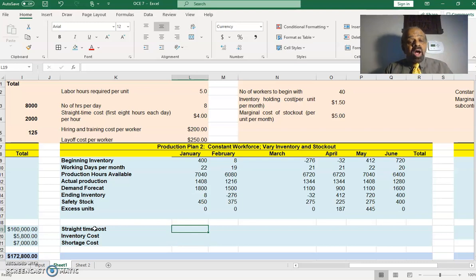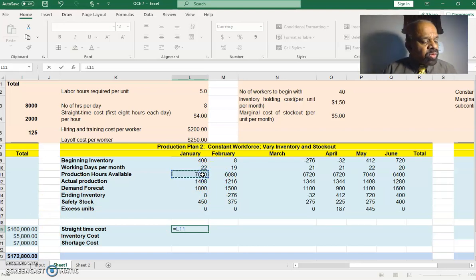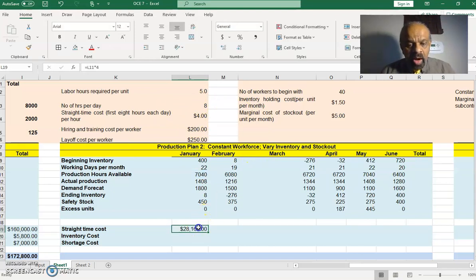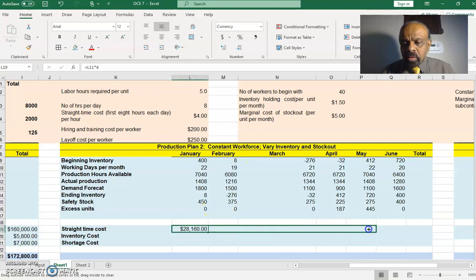So straight time cost is going to be equal to my production hours available, 7040, times $4, which is given here. This one here, $4 is straight time. So I'm going to copy this and paste it.